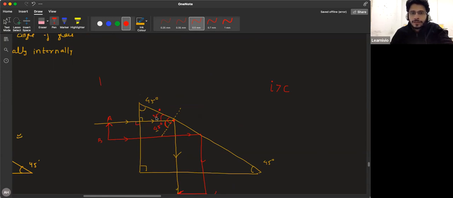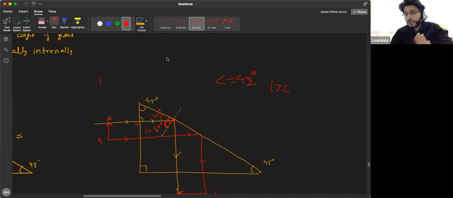This is 90 degrees, this is 45 degrees, and this is 45 degrees. This is the normal. If this is 45 and this whole is 90, then this angle will be 45 again, since 45 and 45 make 90. This is your angle of incidence. If your angle of incidence is greater than the critical angle, which for a prism is 42 degrees, then the ray will reflect back into the same medium. It will undergo TIR.